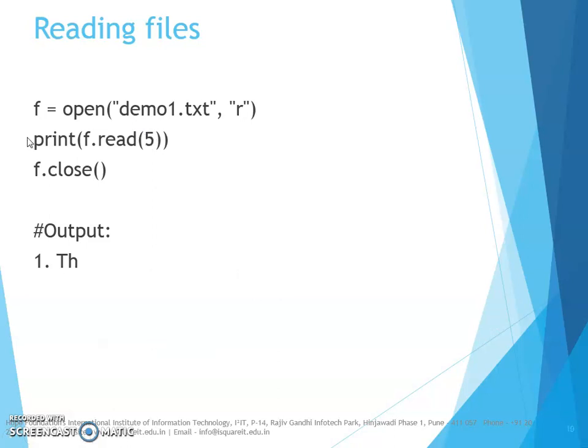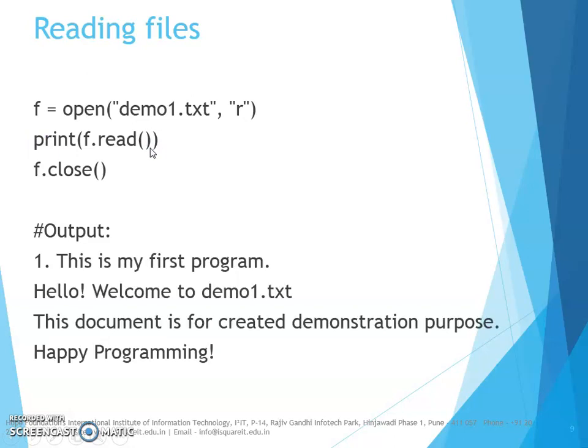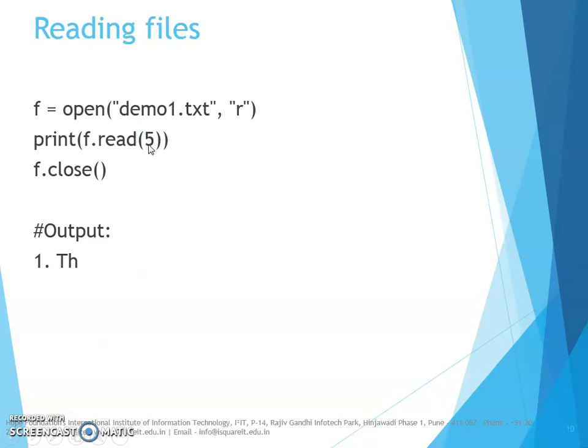Now in the previous case we have not mentioned any parameter in the brackets, that is the count. But if you mention a number, for example 5, this means we want to print only 5 bytes or 5 characters from this opened file.